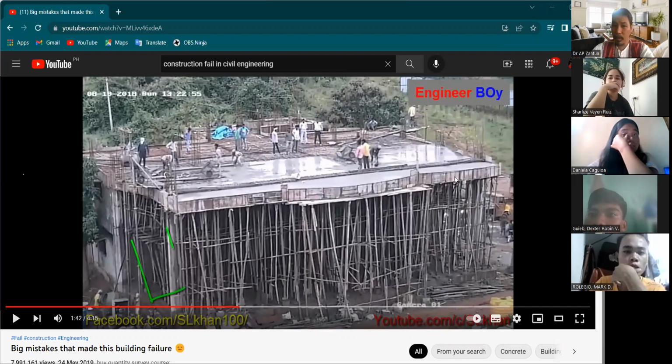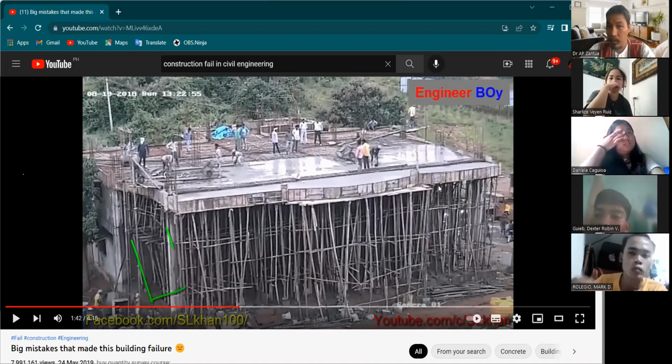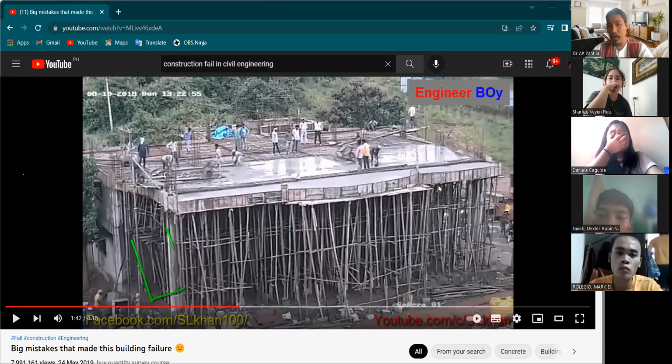Okay, so meaning to say, the average length or the distance between column to column, we're talking average, could be about 4 to 6 meters. Imagine if you do 4 meters column to column distance. This will not fail during the construction.